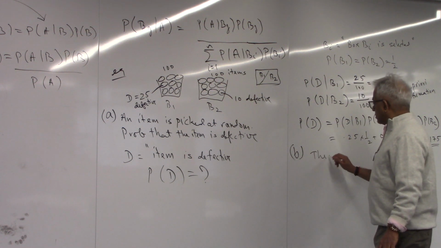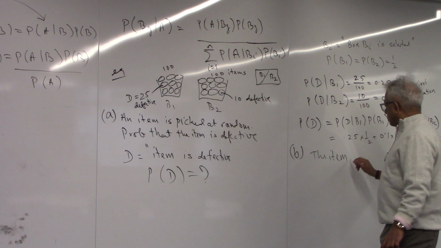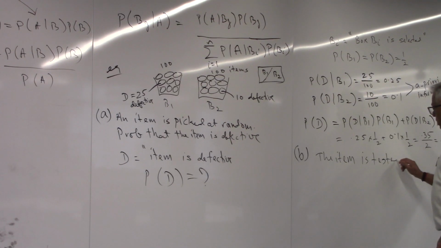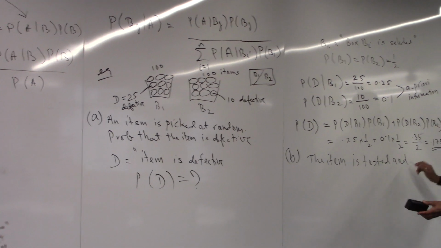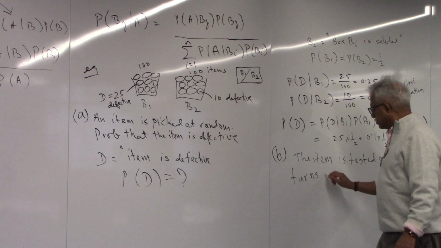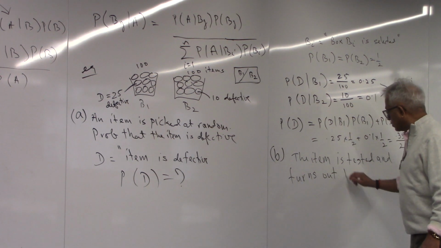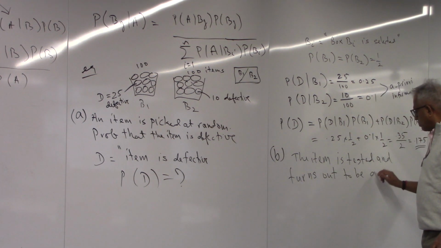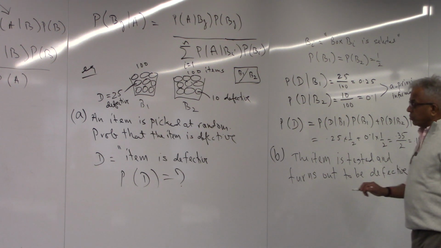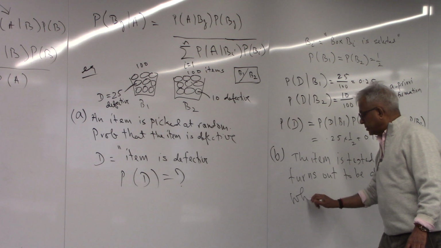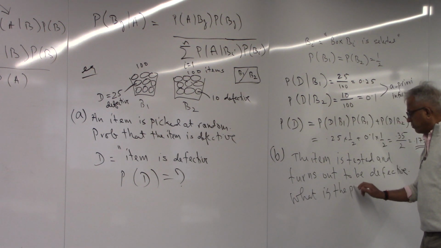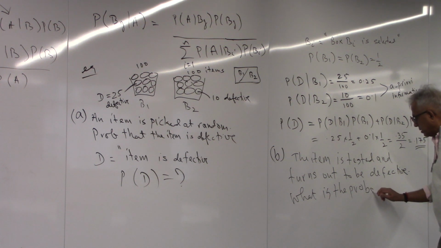And part B is, you pick up an item and you test the item. The item is tested and turns out to be, and of course it only has two possibilities, let's say defective. Remember, this is the fact now. So the question now is, what is the probability that it came from, let's say, box 1?